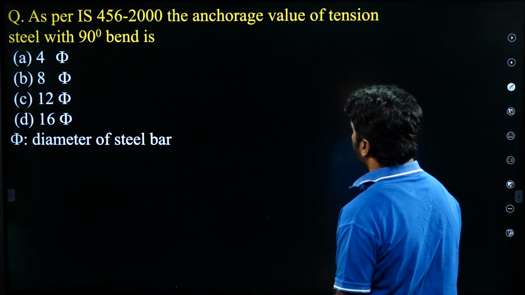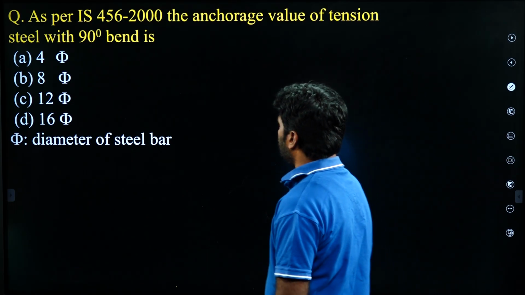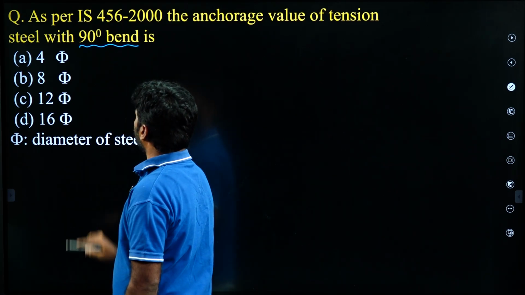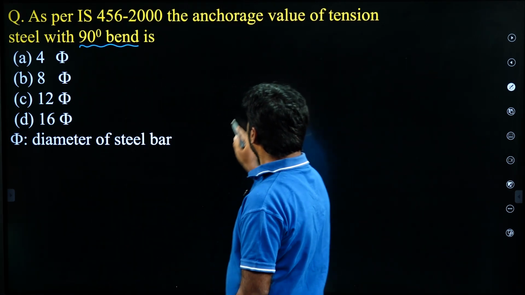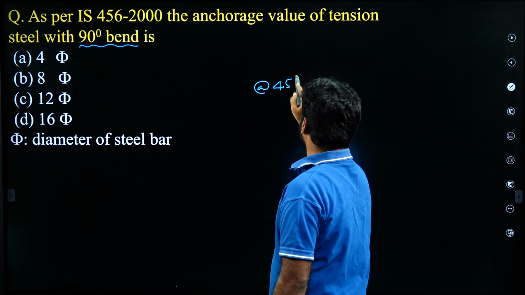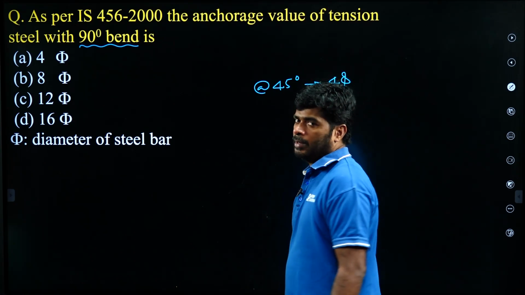As per IS 456-2000, the anchorage value of tension steel with a 90 degrees bend: for each 45 degrees bend, the code recommends an anchorage value of 4 times the diameter of the bar.